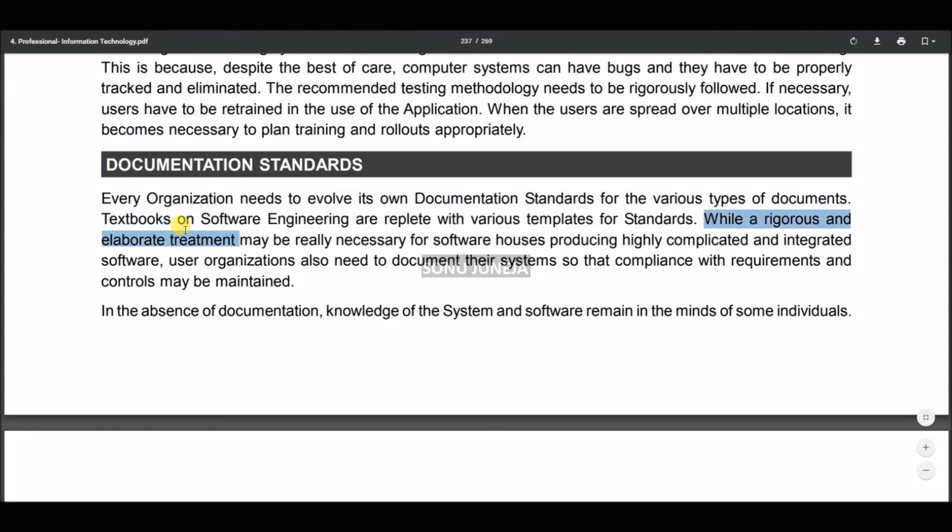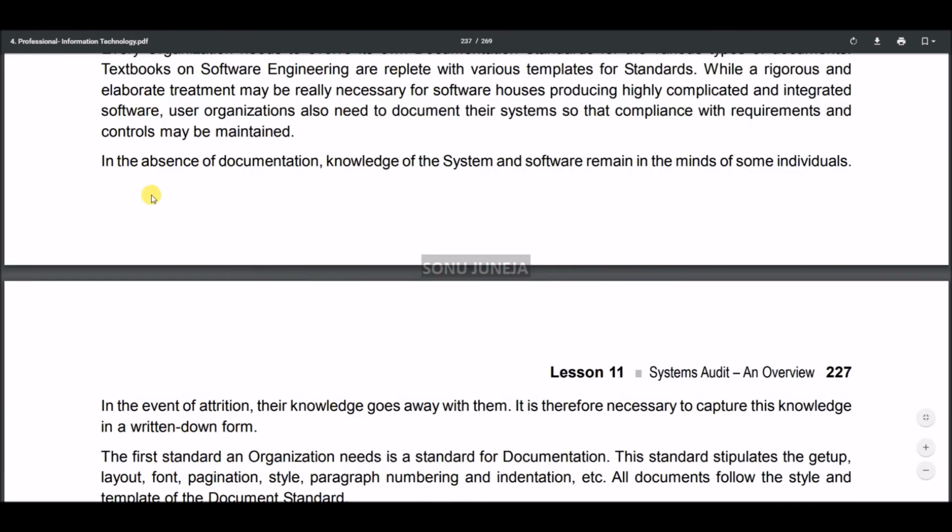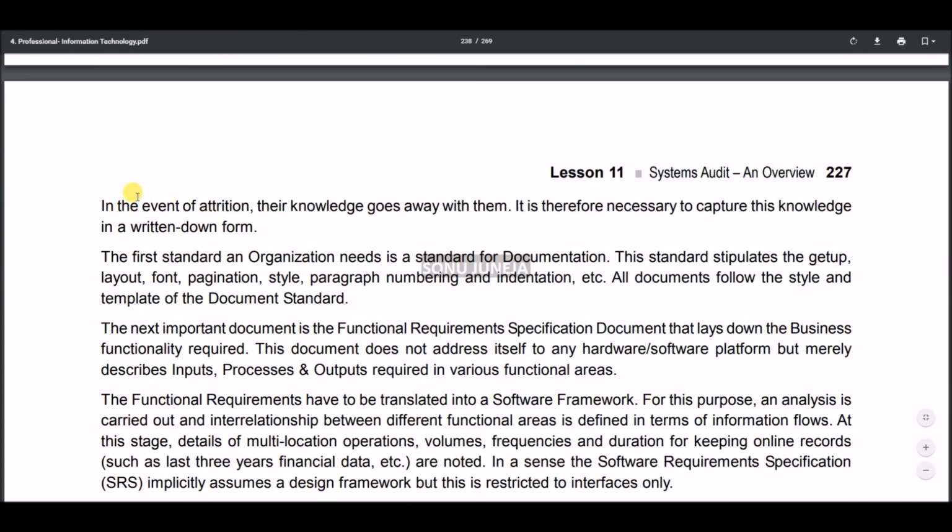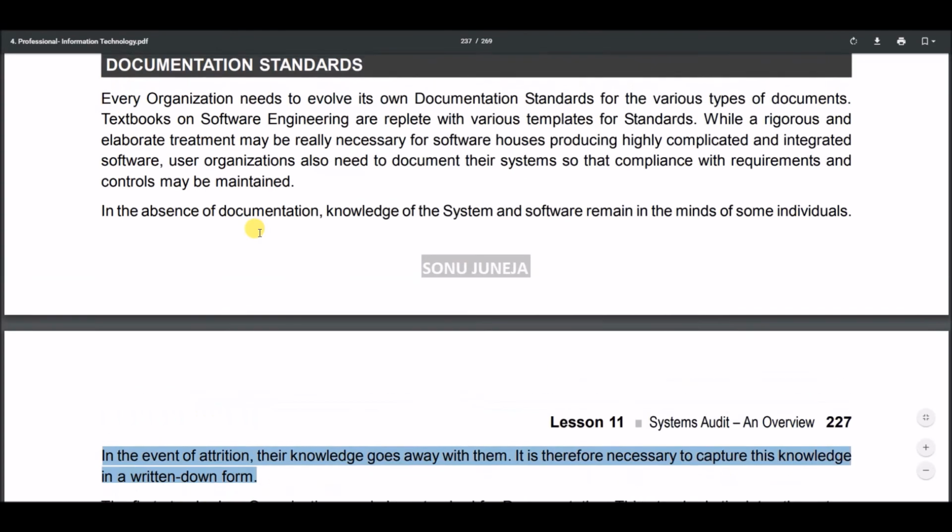While a rigorous and elaborate treatment may be necessary for a software house producing highly complicated and integrated software, a user organization needs to document their system so that compliance with the requirements and control may be maintained. In the absence of documentation, knowledge of the system and software remains in the minds of some individuals. In the event of attrition, their knowledge goes away with them. Therefore, it's necessary to capture this knowledge in written form.